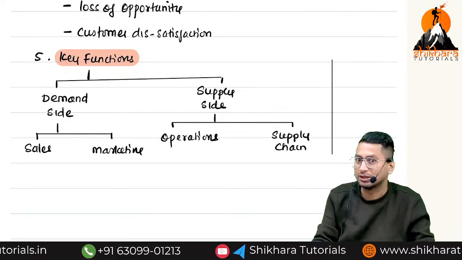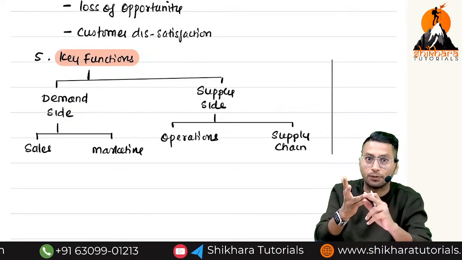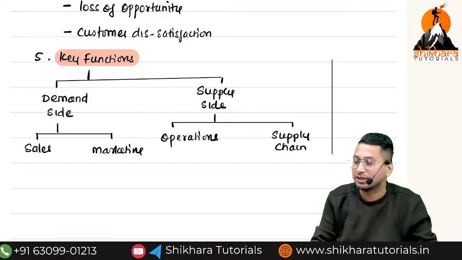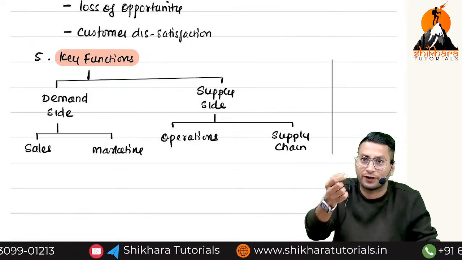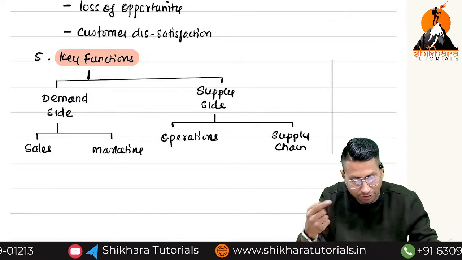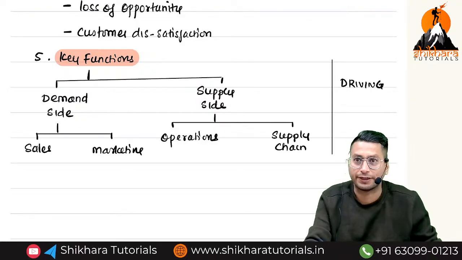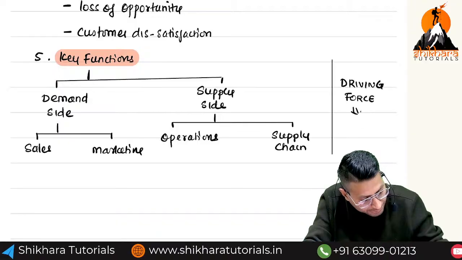Finance. Remember, the three major functions of a business are finance, operations, marketing. Can I perform marketing or operations without finance? So what is the driving force behind all these activities? Finance.